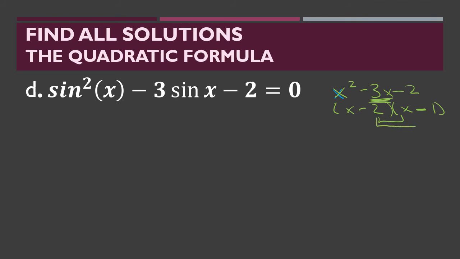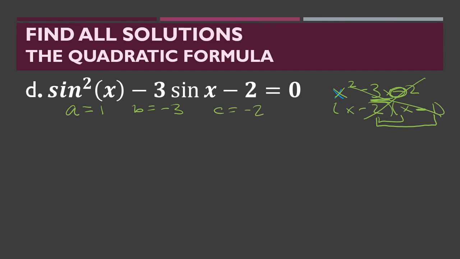However, when I multiply negative 2 times negative 1, I don't get a negative 2. So at this point, this is not a factorable equation. So I'm going to come here and I'm going to do the quadratic formula. So if I think of what my values are for A, B, and C, A equals 1, B is negative 3, and C is negative 2.